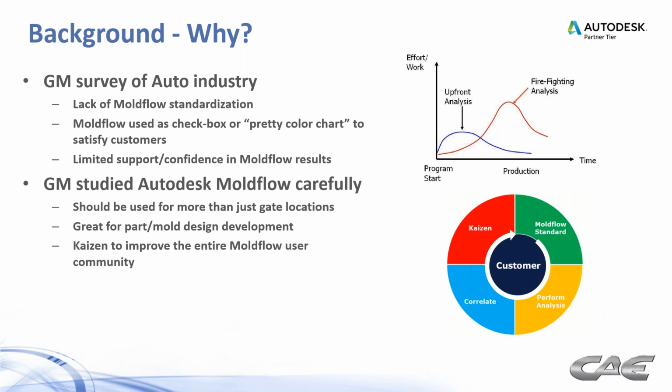And then, as we mentioned on the previous slide, we're using Kaizen to improve the entire Moldflow user community. So the standardization helps everybody get better over time and helps the results be more uniform over time. So overall, by doing this, GM has experienced better results through standardization and correlation.